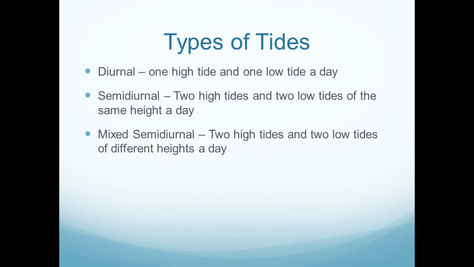And then you have your mixed semi-diurnal, and that is 2 high tides and 2 low tides that have different heights. So you'll have 1 higher high tide and 1 lower high tide. So here in Hawaii, we experience mixed semi-diurnal tides because 1 high tide will be higher than the other in a 24-hour period.